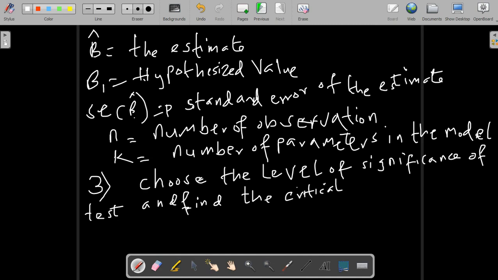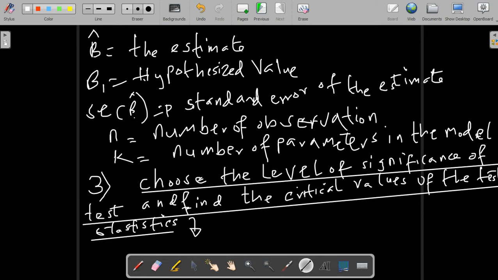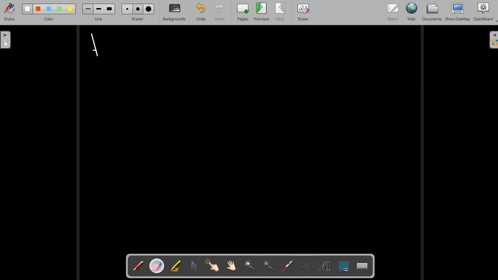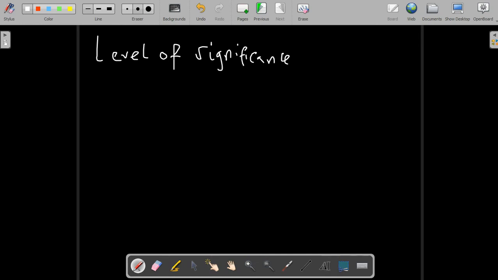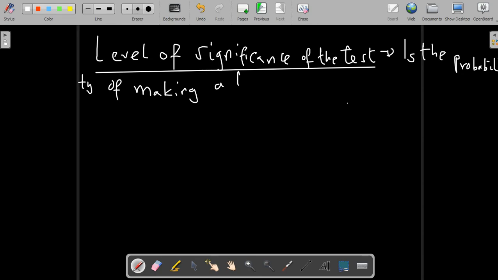We need to understand what the level of significance of the test is. The level of significance of a test is the probability of making a type 1 error, that is, the probability of rejecting the null hypothesis when it is true. When we reject the null hypothesis when it is true, or make a type 1 error, this is what refers to the level of significance of a test. It is represented by a symbol, alpha.